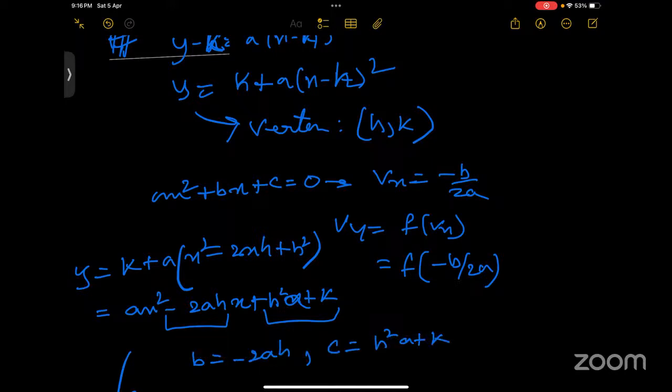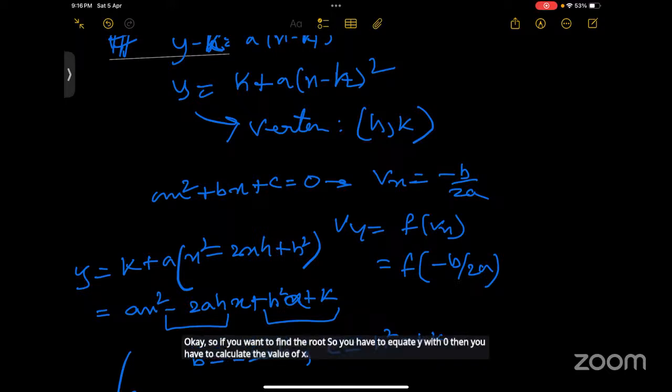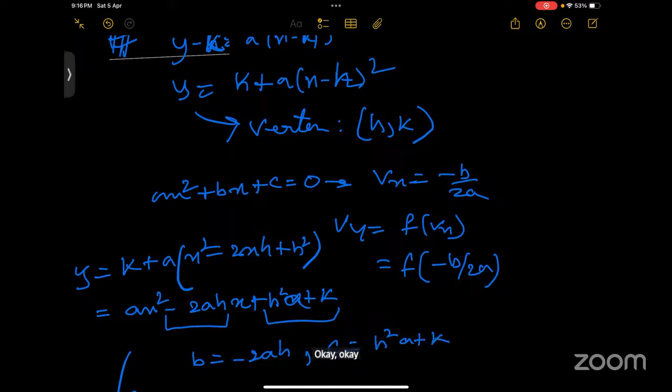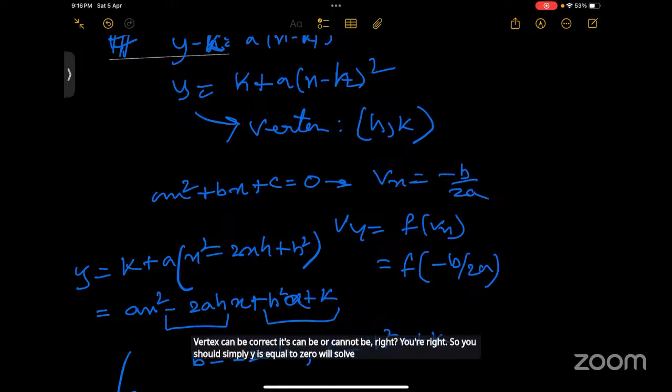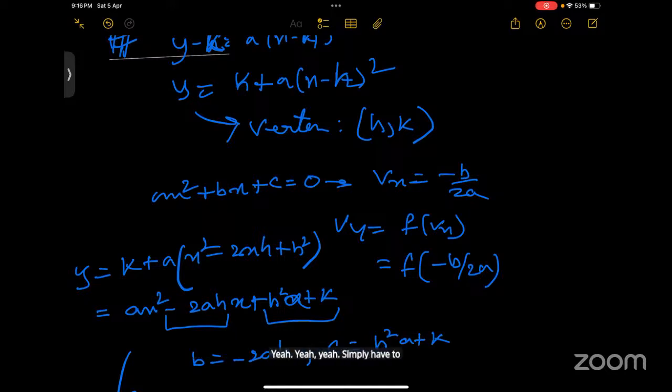Okay, so if you want to find the root, you have to equate y with 0, then you have to calculate the value of x. Root and vertex are not always the same, right? The vertex can be a root or cannot be. You're right. So simply taking y equal to 0 will solve the problem.